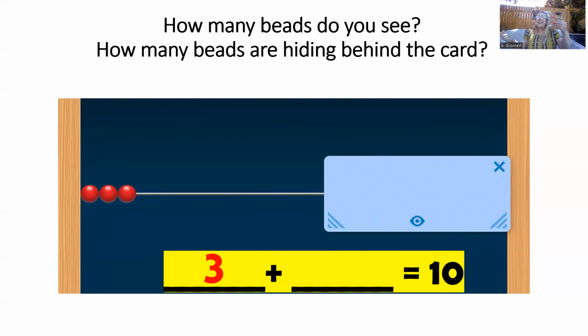Yeah, you got it. Use your number rack. How many are hiding? Yes, that's right. 7. Let's read that equation together. 3 plus 7 equals 10. Now write that equation down. You are doing super work today.